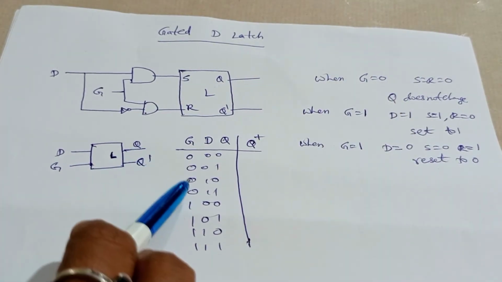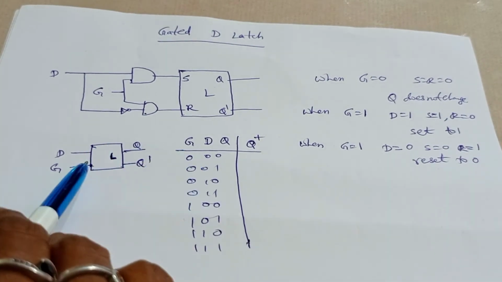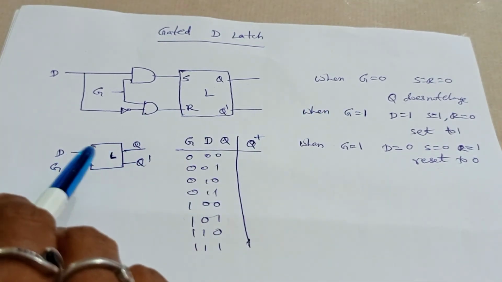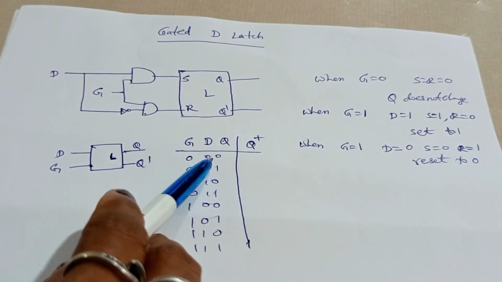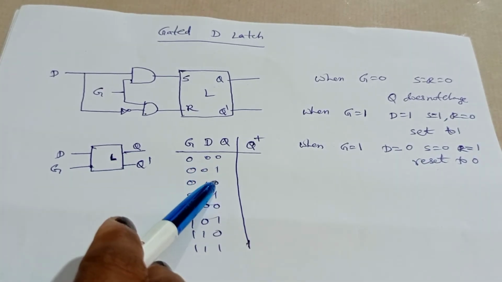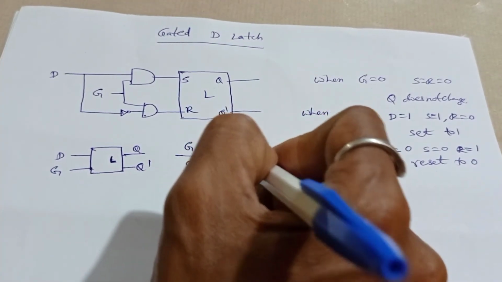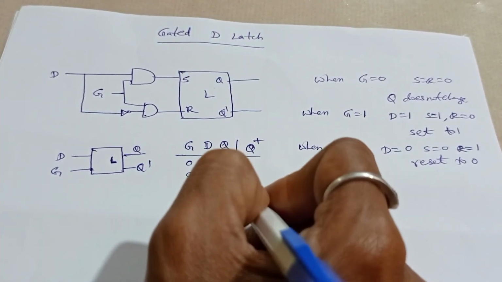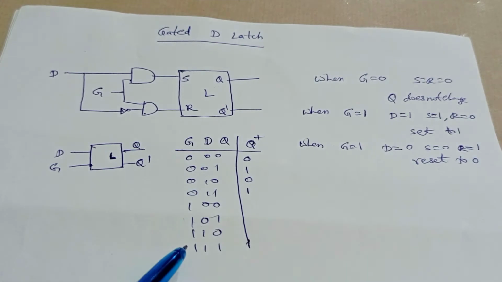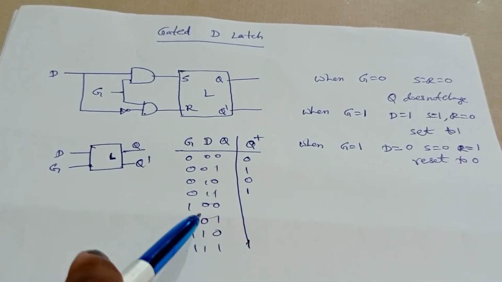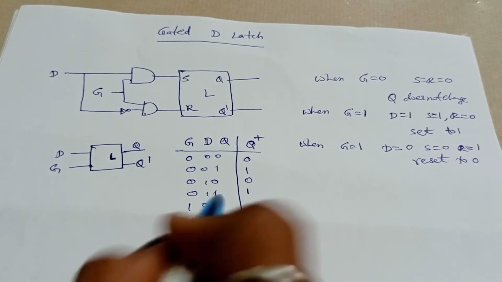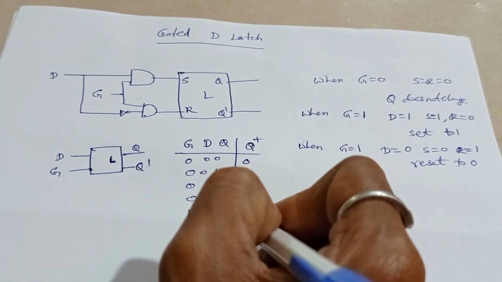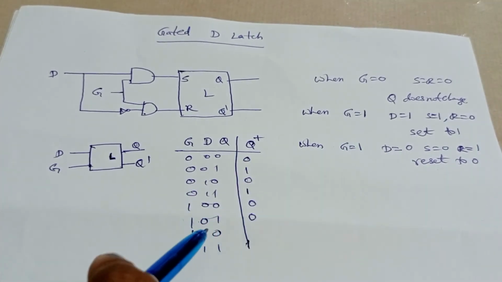When G is equal to 0, that means this latch is holding the output, Q output. So what is Q here? 0, 1, 0, 1. So the next state becomes the same, that is it is holding. When G is equal to 1, now we'll check D. If D is 0, then it will be reset, so the output is 0.